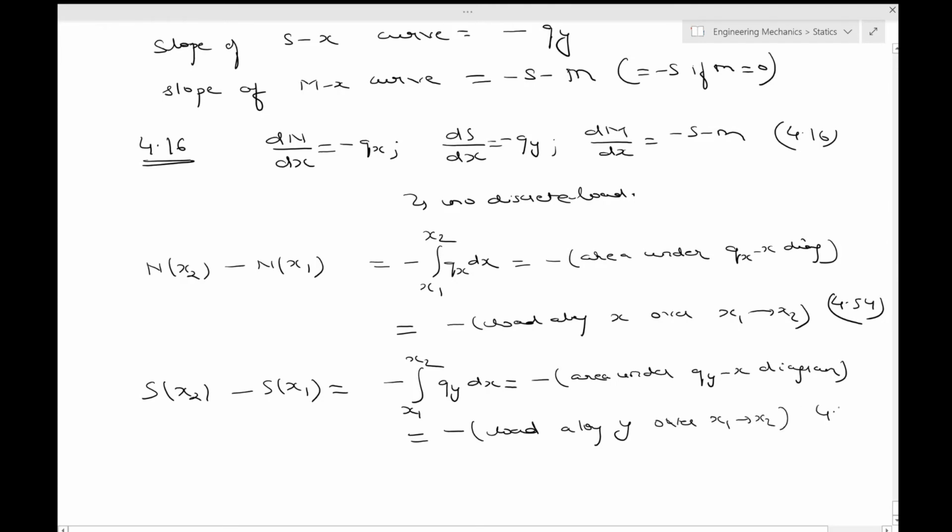This is 4.56. And finally, M of x2 minus M of x1 is equal to minus the integral from x1 to x2 of S dx minus the integral from x1 to x2 of m dx.